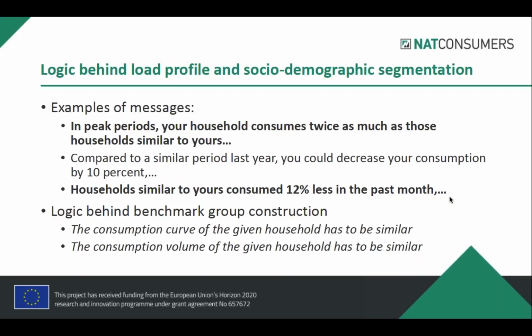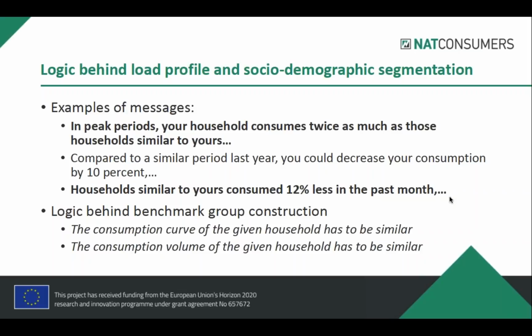The first and the third messages are in bold, because here it's not enough to know the consumption of the user. We also need to know the consumption of the similar households.